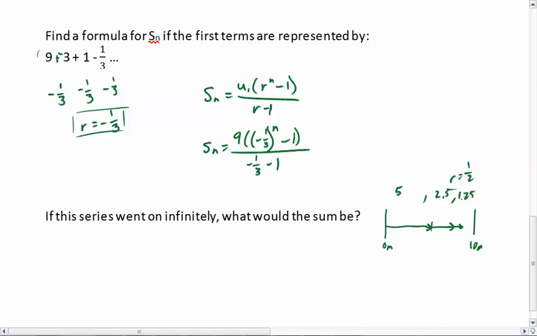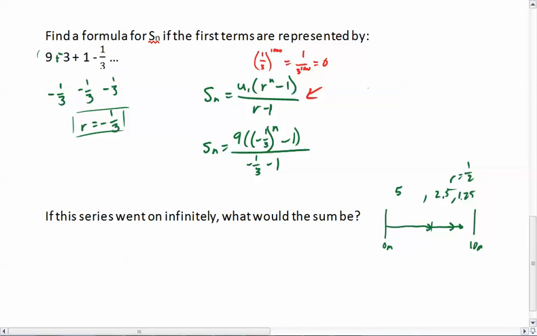Notice that in this equation right here, if r is a fraction, like 1/3, and n becomes a really big number like 1000, that's going to be 1/3 to the 1000 power, which is essentially 0. And so that means this is going to go away, and what we're going to end up with is a new equation.